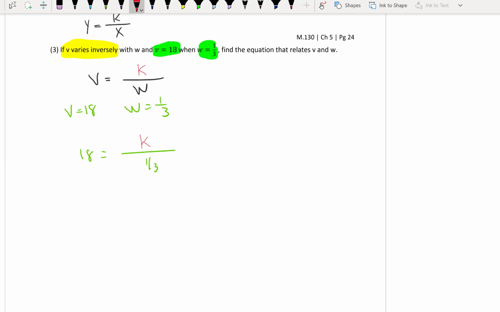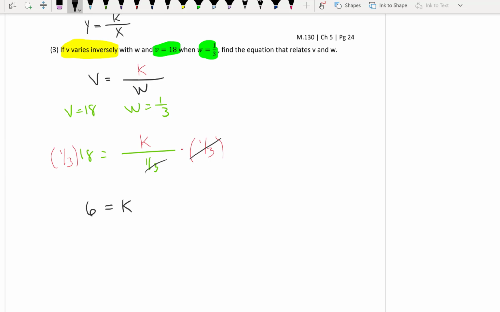So the only way to get that k by itself is to multiply by 1/3. Okay, so this is being divided by 1/3, so to get the k by itself, I will be multiplying by a 1/3. And so when I do that, my 1/3 times 18 is going to give me a positive 6. So 6 is going to equal my k value.